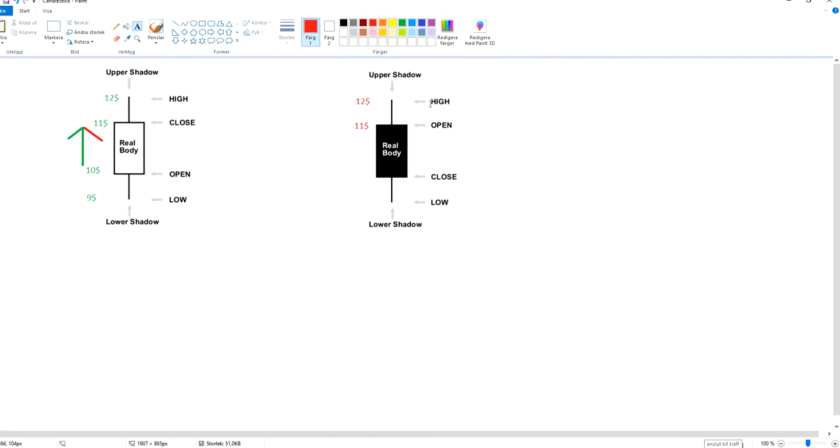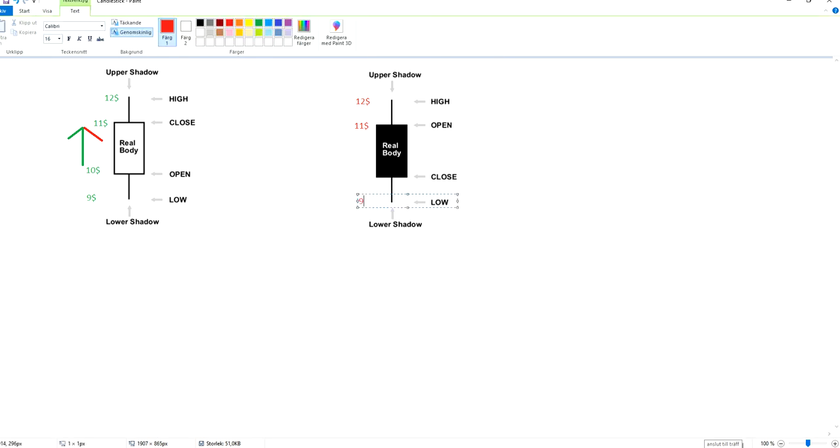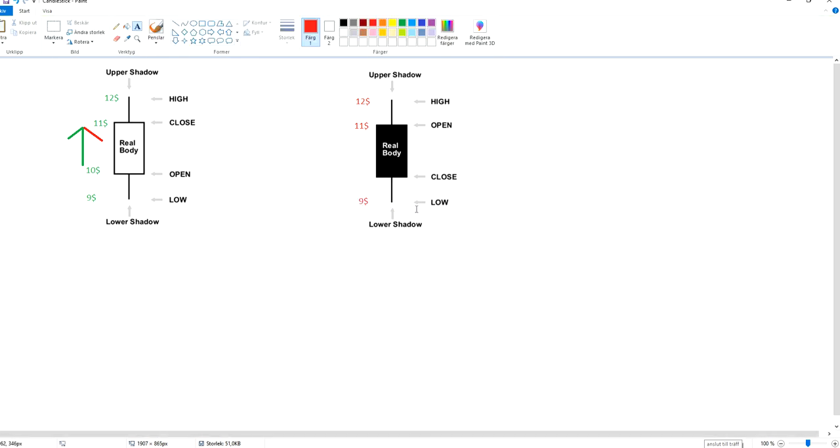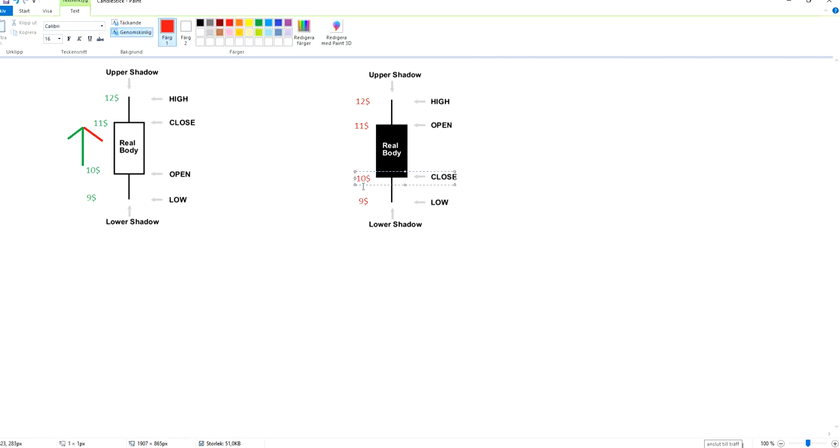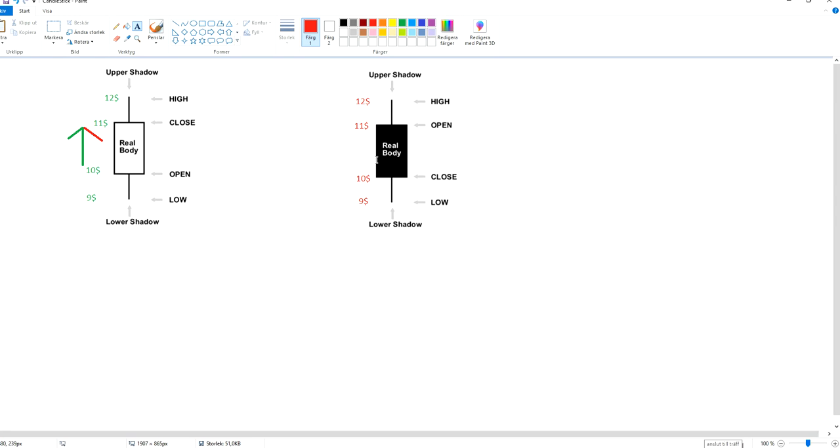However, during this trading session, it also fell down to $9. But before it closed, it went up to $10. So the price opened at $11, had its highest point at $12, had its lowest point at $9, but closed at $10. So this represents a loss in money, a $1 loss per stock or per share.